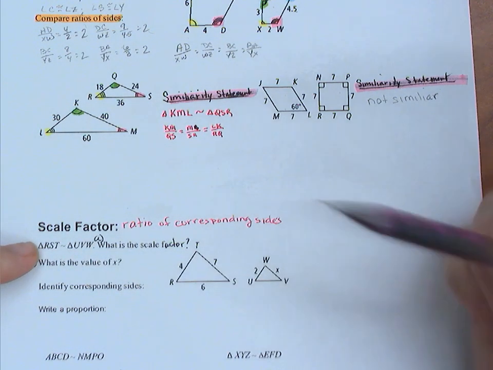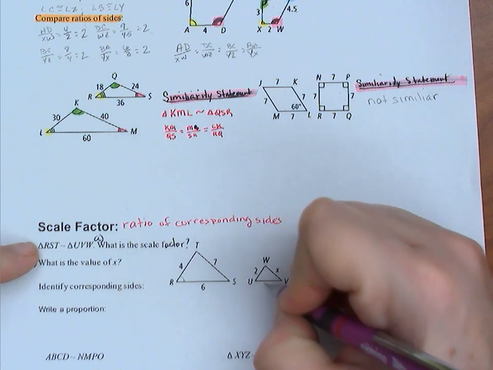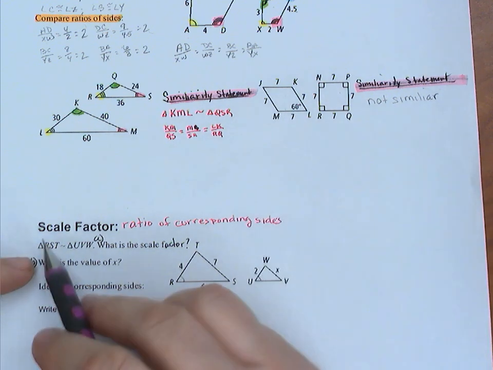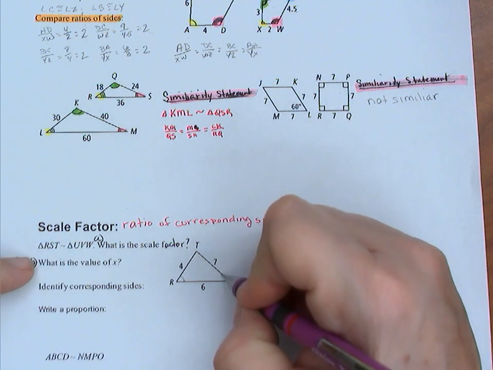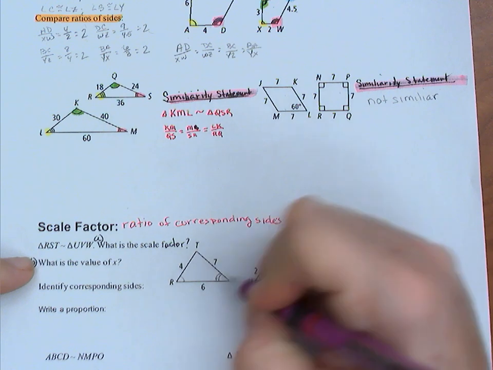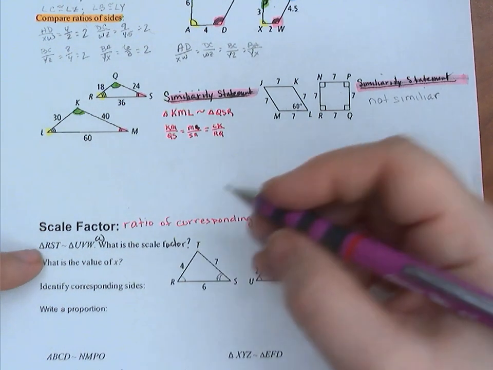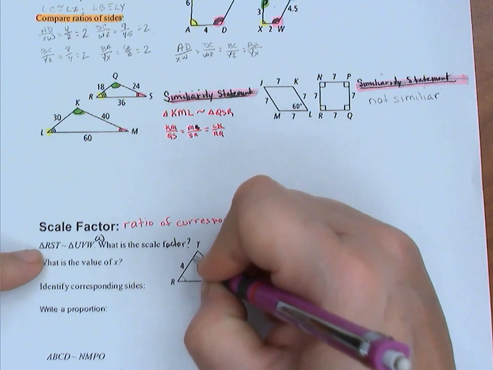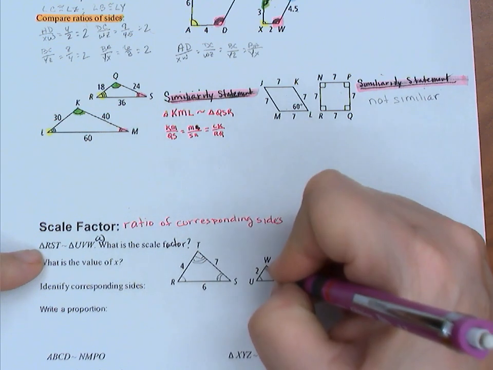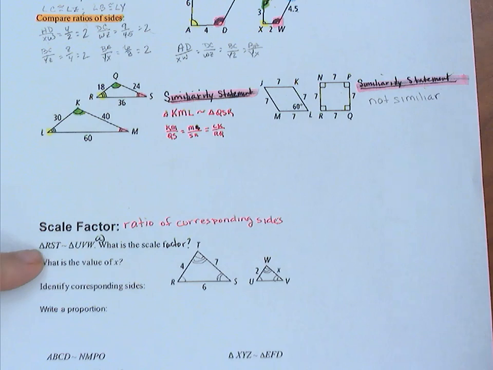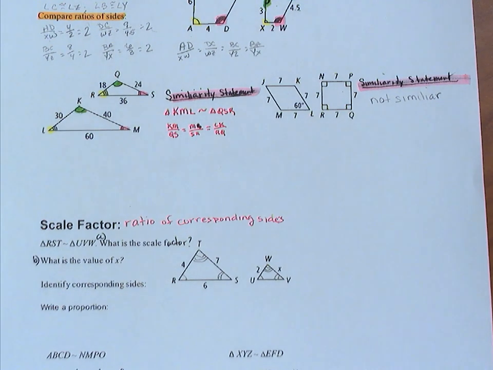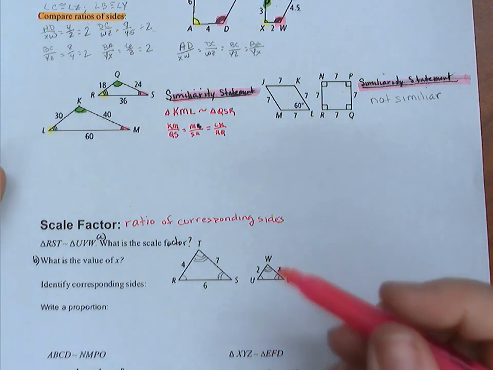So R and U are congruent, and S and V are congruent. That means T and W are congruent. And then I'm going to use that information and identify the corresponding sides.